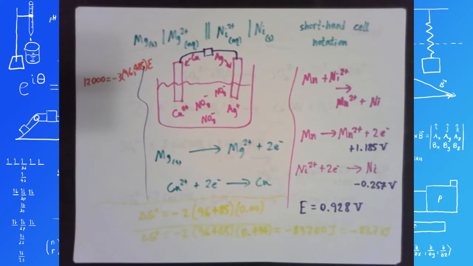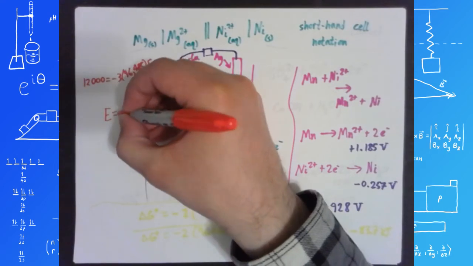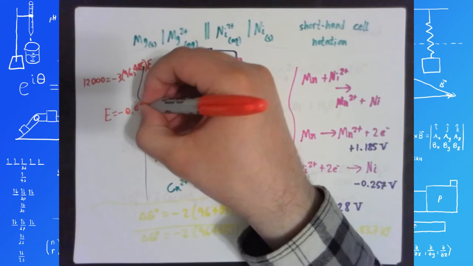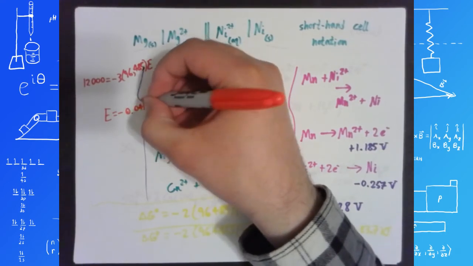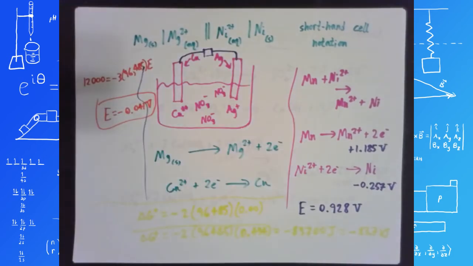Divide that by 96,485 and round to 2 sig figs, so that gives us E equals negative 0.041 volts. And there we have it.